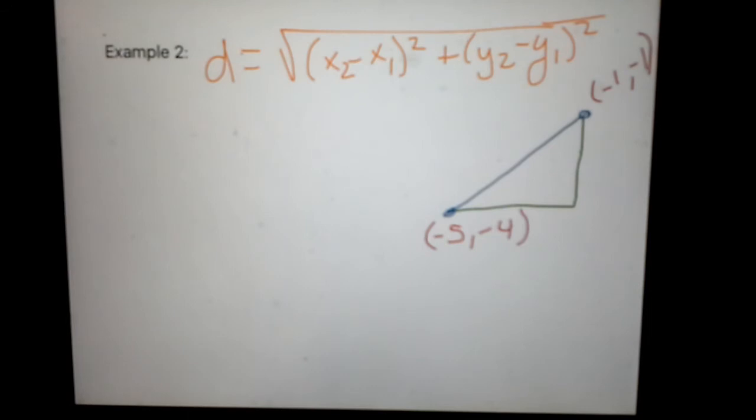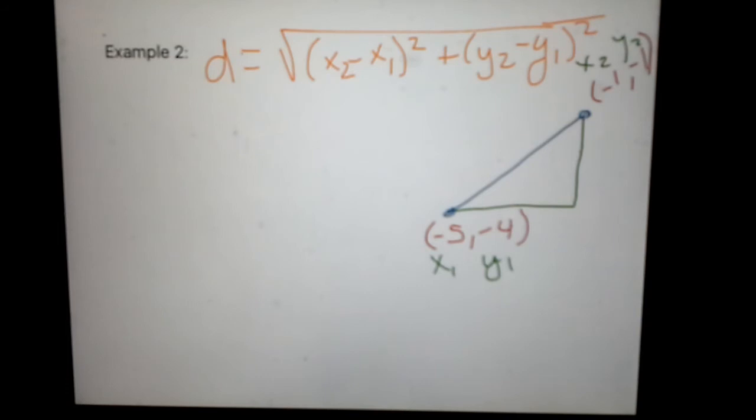Example number 2, we're given a triangle and we want to find the hypotenuse. We have endpoints at -5, -4 and -1, -1. We first are going to label our coordinates x sub 1, y sub 1, x sub 2, and y sub 2.